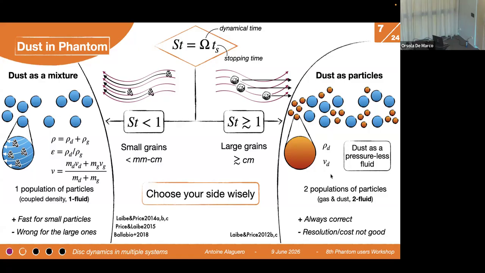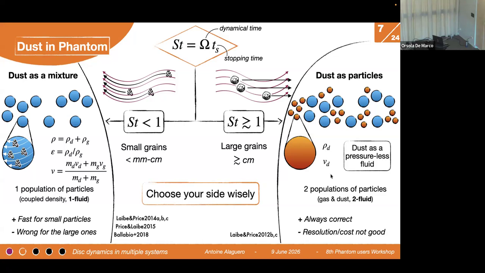So let's start with the most intuitive way to treat dust, which is called dust as particles. And it's basically, you have your field of SPH particles, and you will just add another set of SPH particles to represent the dust. The sole difference with gas is that it doesn't have any pressure. So you evolve these two populations of particles and you make them interact basically.